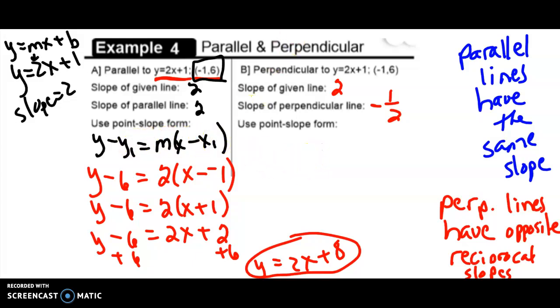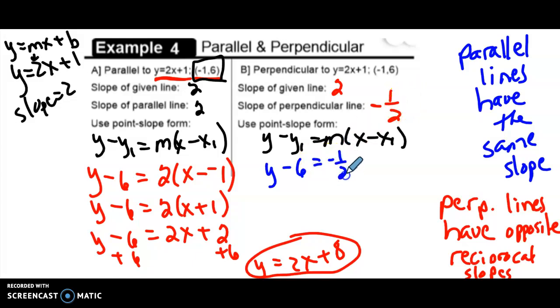So I'm going to do the same thing I did over here. I'm going to use my point slope form. Such a great form. It helps me find the slope intercept form. I'm going to write y minus the y coordinate of 6, just like I did over here. The only difference is instead of using 2 as the slope, I'm going to use negative a half times x minus the x coordinate of negative 1.